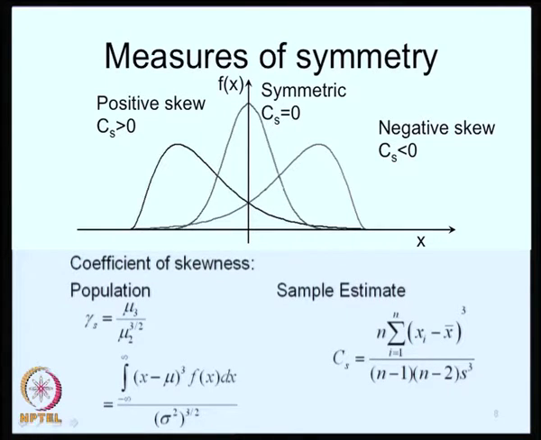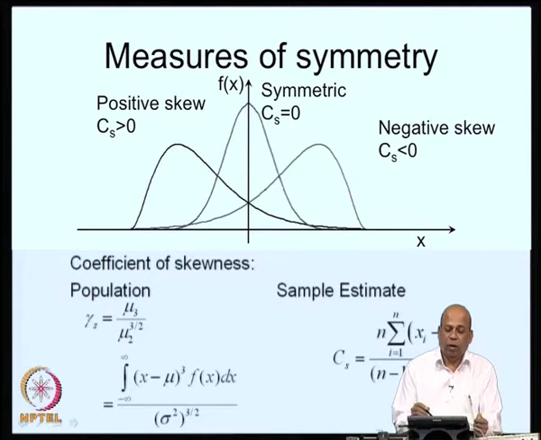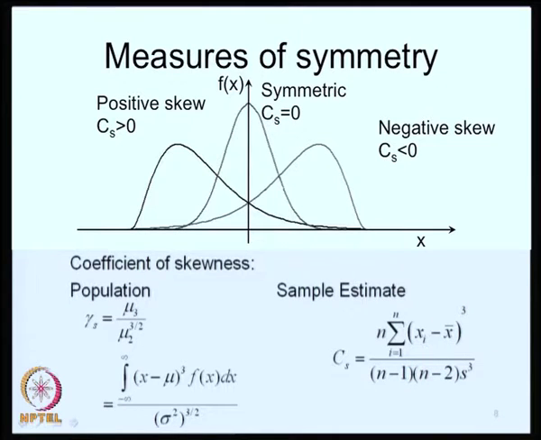The coefficient of symmetry or coefficient of skewness, as we have defined here, will indicate whether the values are symmetrically distributed, or there is a negative skew, in which case C s as defined here will be negative, or there is a positive skew, in which case C s will have a positive value.